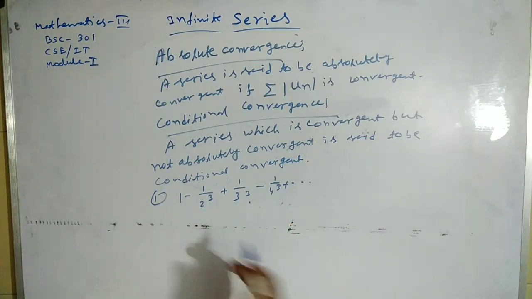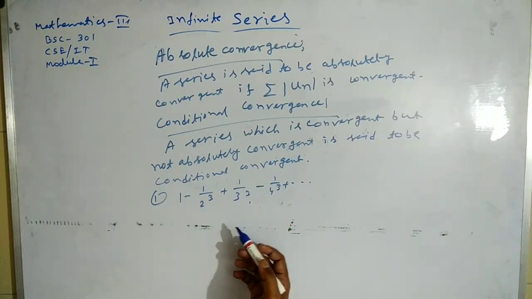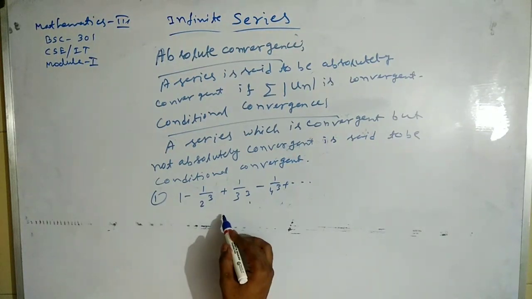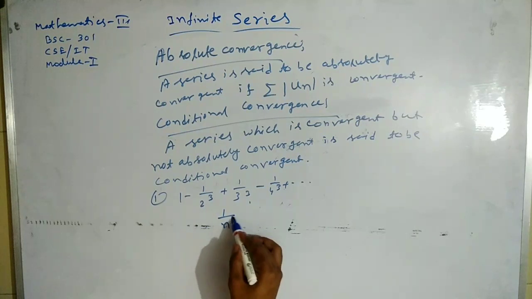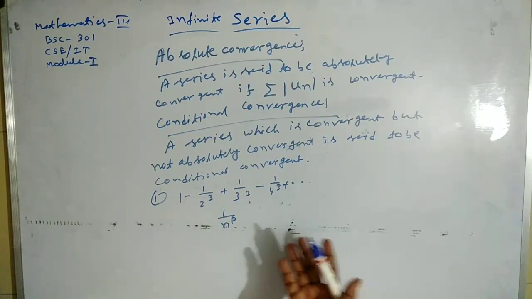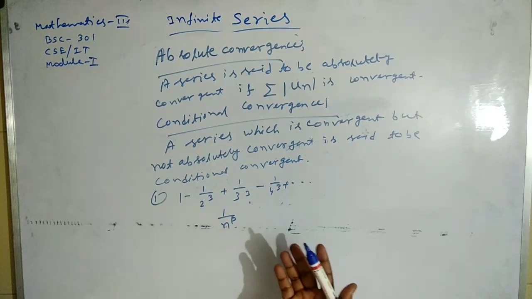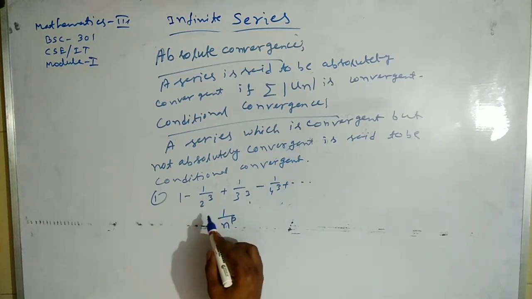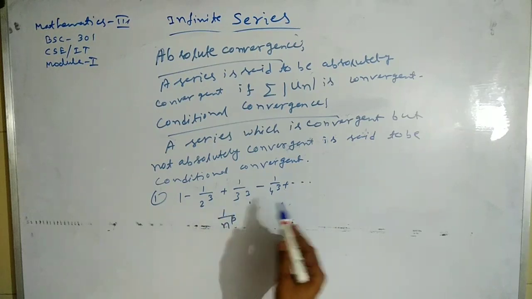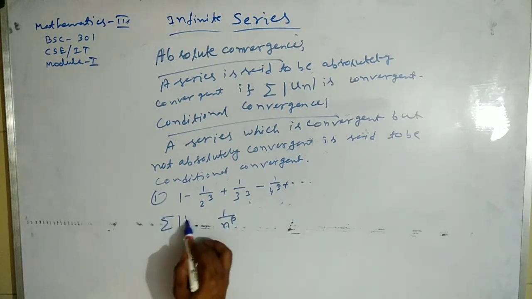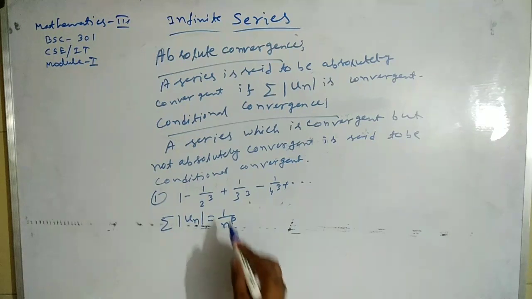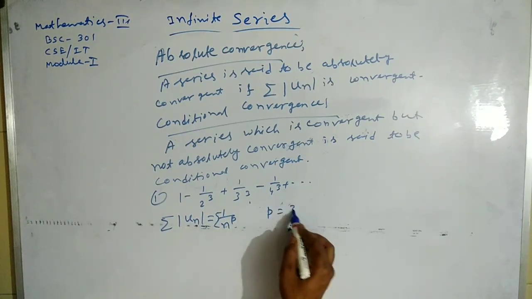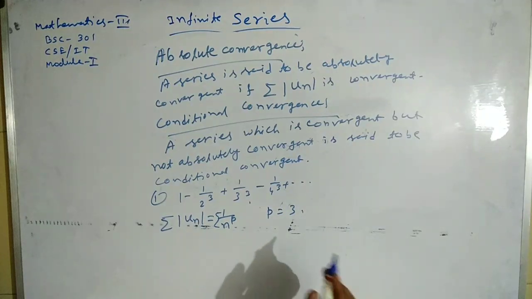Here we can see that this is a P series. If we take the modulus of all the terms, then it will be 1 plus 1 by 2 to the power 3 plus 1 by 3 to the power 3 plus dot dot dot. That is, summation of modulus of un will be summation of 1 by n to the power p, where p equals 3.